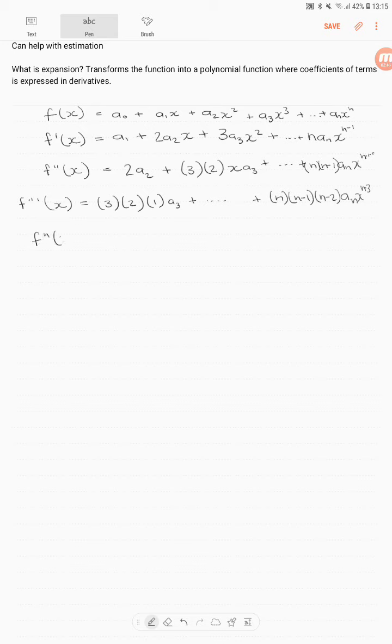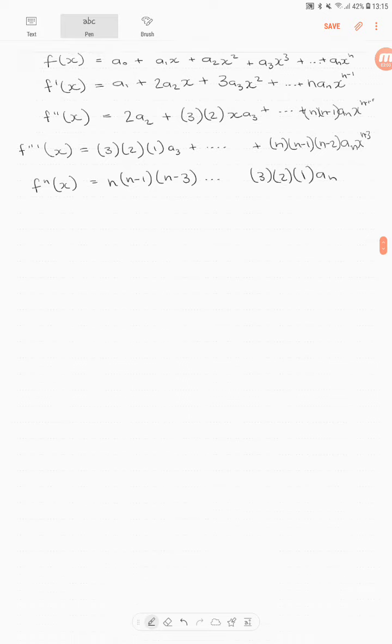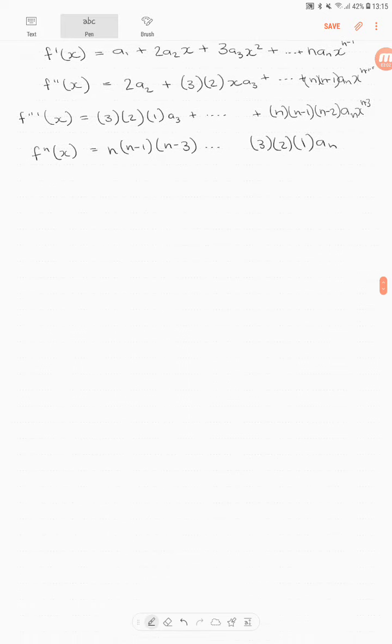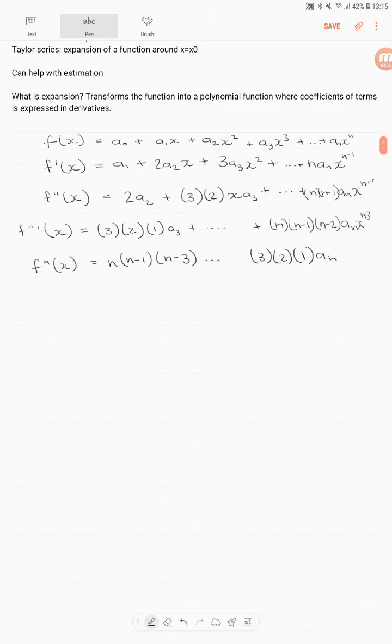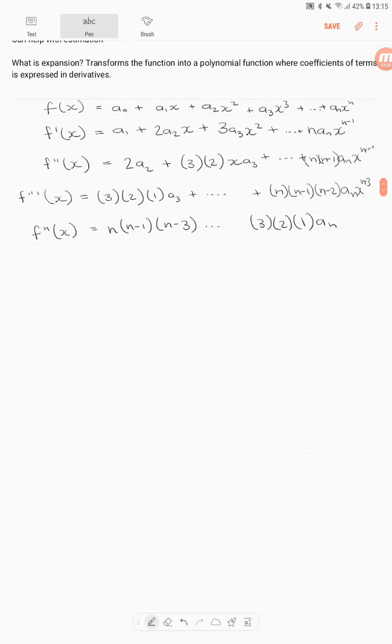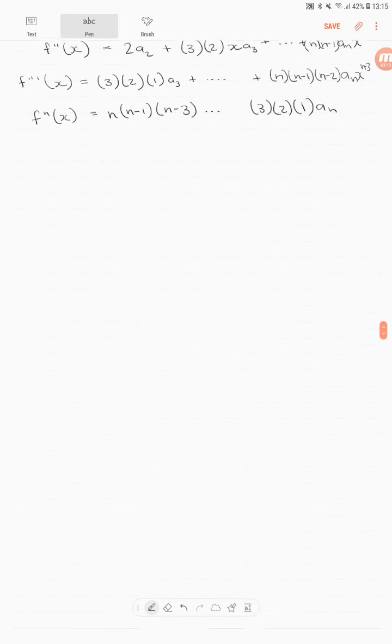Our nth order derivative for this function is n times n minus 1 times n minus 2 down to 3 times 2 times 1 times an. So these derivatives will then form the base of our expansion into the Maclaurin and Taylor series.